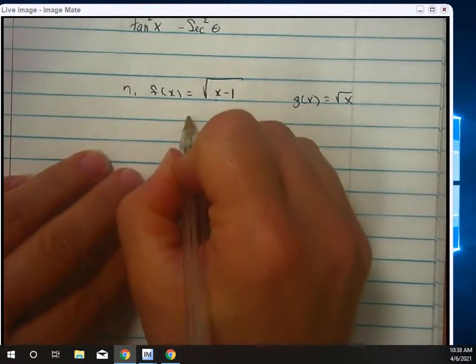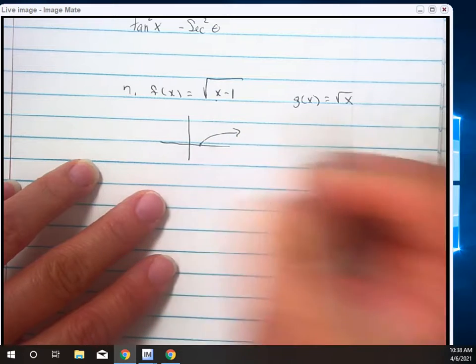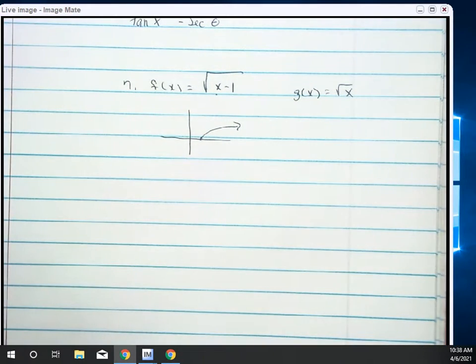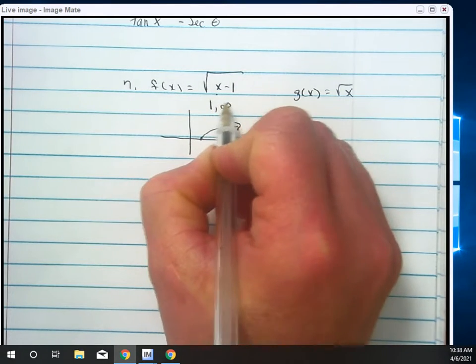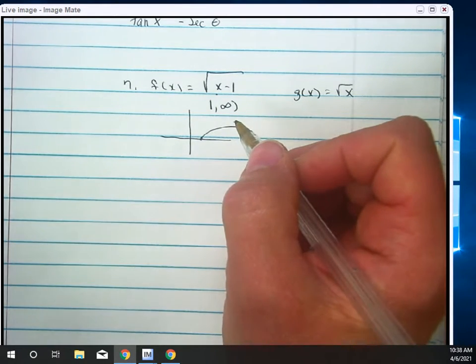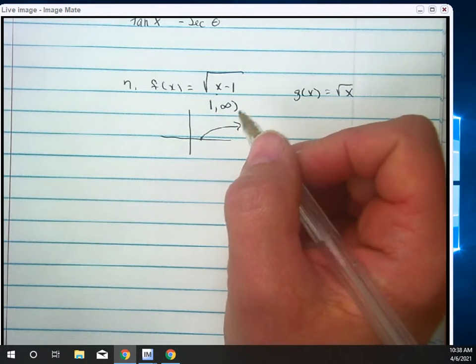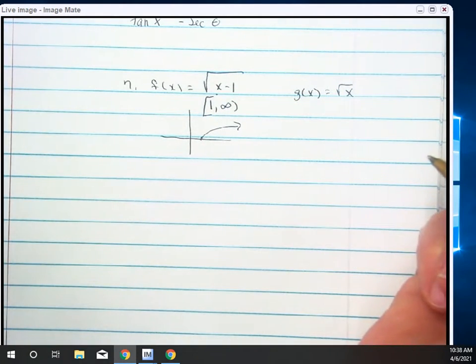If I was graphing it, I would go to that 1, 0, and it would go this direction. So what is the domain? 1 to infinity. Now, can it equal 1? What is the square root of 0? So yes, this one can equal.